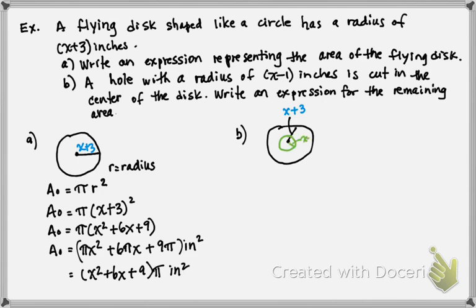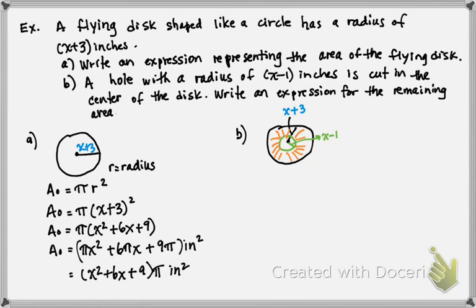So that's x minus 1. I'm going to make that larger, that's too small. So when they want me to figure out the remaining area, they're talking about the part that's inside the black guy but outside the green guy.